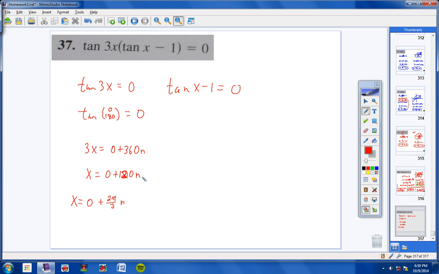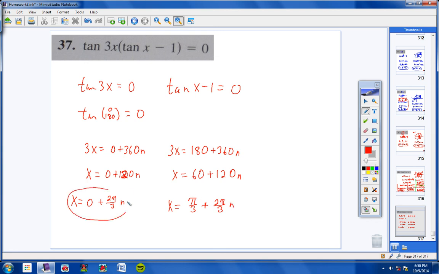Okay? Now, notice there's another answer that gives you 0, and that's where tangent is 180. So we're also going to say 3x equals 180 plus 360n and divide everything by 3, and we get 60 plus 120n, so x equals pi over 3 for 60 degrees plus 2 pi over 3 n.